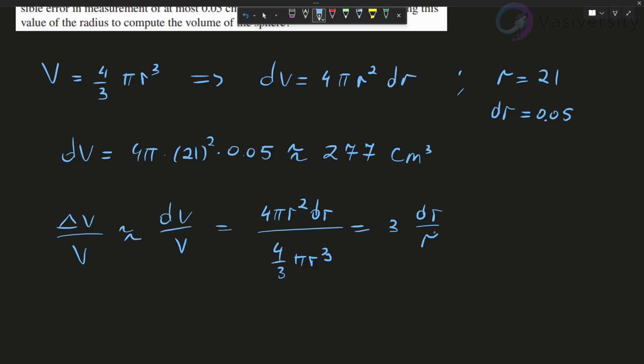Which is equal to 3 times 0.05 over 21, which is about 0.007, right? Pretty small. That is essentially 0.7% of its volume, so less than 1% error, which is a really, really good percentage. And in physics, those are pretty good numbers, actually.